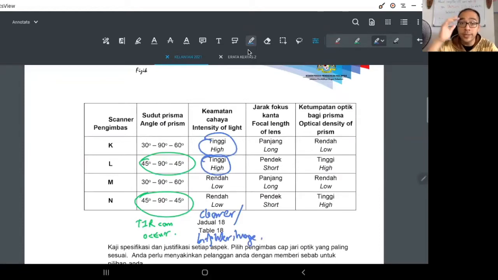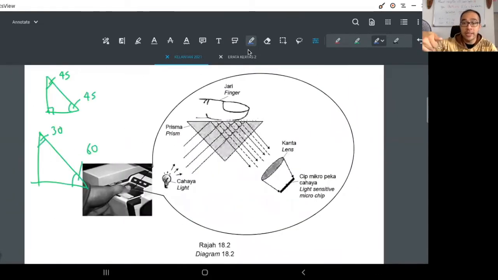This is a no-brainer. Okay, focal length of the lens. Remember, the focal length of the lens determines where your object needs to be. So if you think about this, you have the scanner. If you want the lens to be able to scan the light that comes, you want to make sure that the light doesn't have to travel so far.